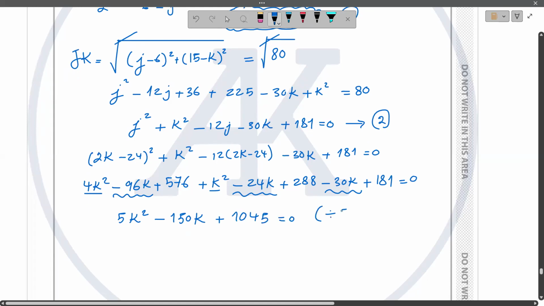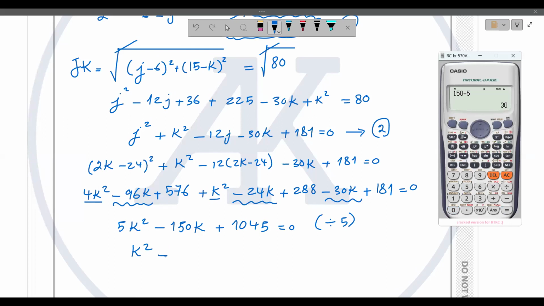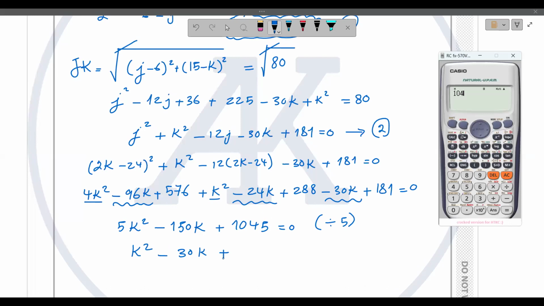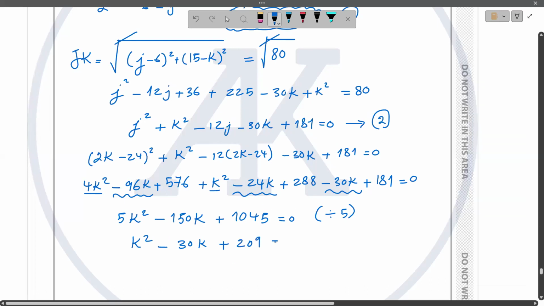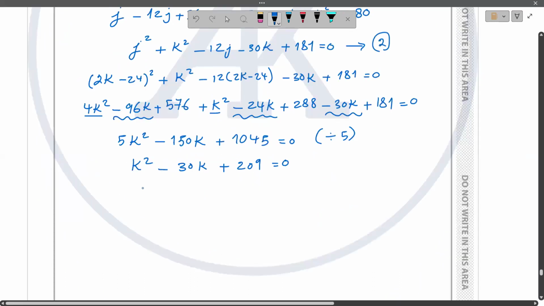We can divide three terms by 5, so it's k squared minus 150 divided by 5, it's 30k, plus 1045 divided by 5, it's 209, equals 0. Then let's factorize, 19 and 11. So it's (k minus 19)(k minus 11).